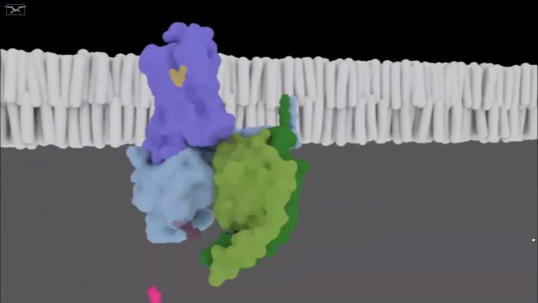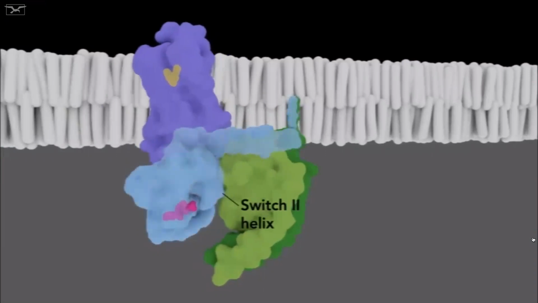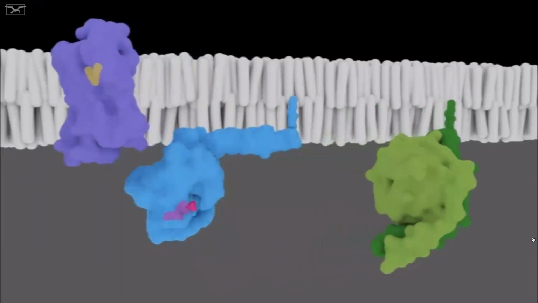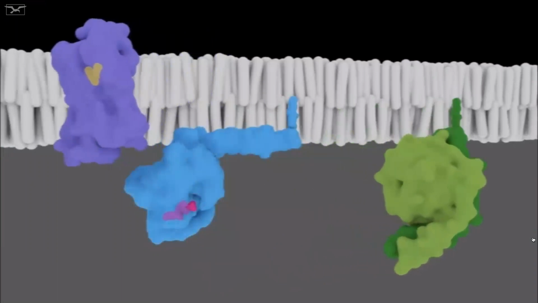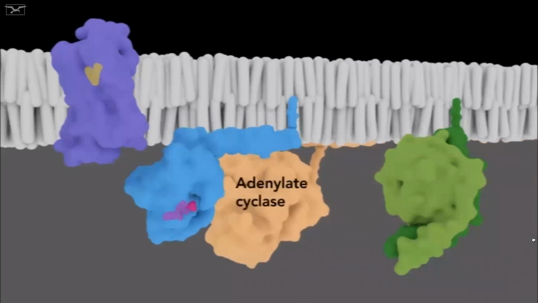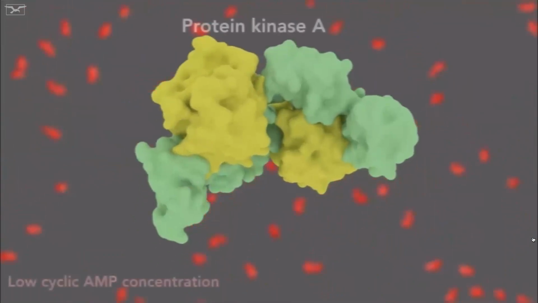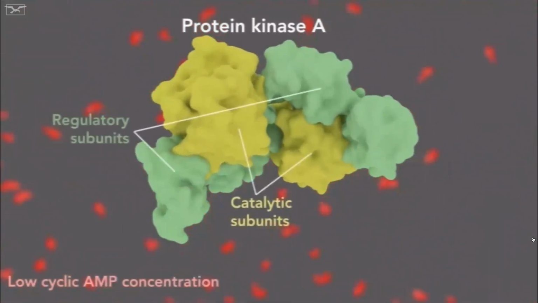After exchanging GDP for GTP, GS-alpha undergoes a conformational change in a specific region of the protein called the switch II helix, so that it loses affinity for G-beta-gamma and interacts with an enzyme called adenylate cyclase. This interaction stimulates adenylate cyclase, resulting in the production of the second messenger molecule, cyclic AMP. At low levels of cyclic AMP, protein kinase A is bound to a regulatory subunit within an inactive tetrameric complex.